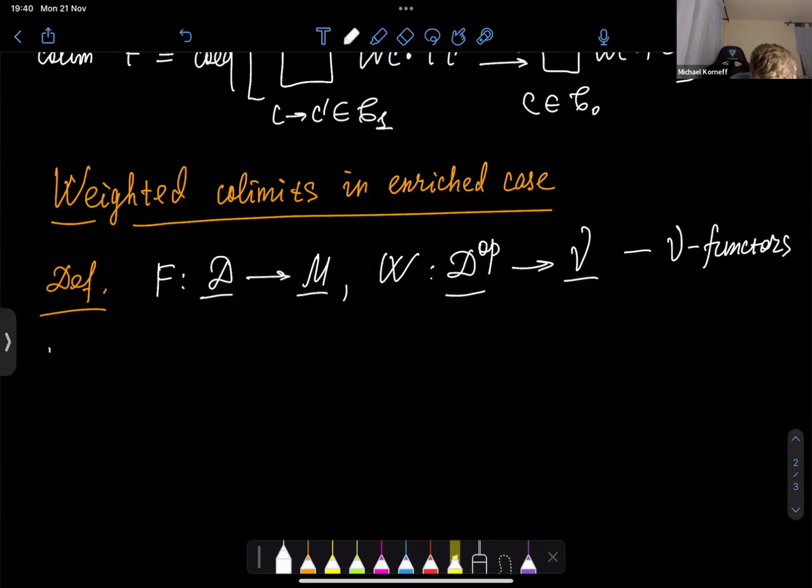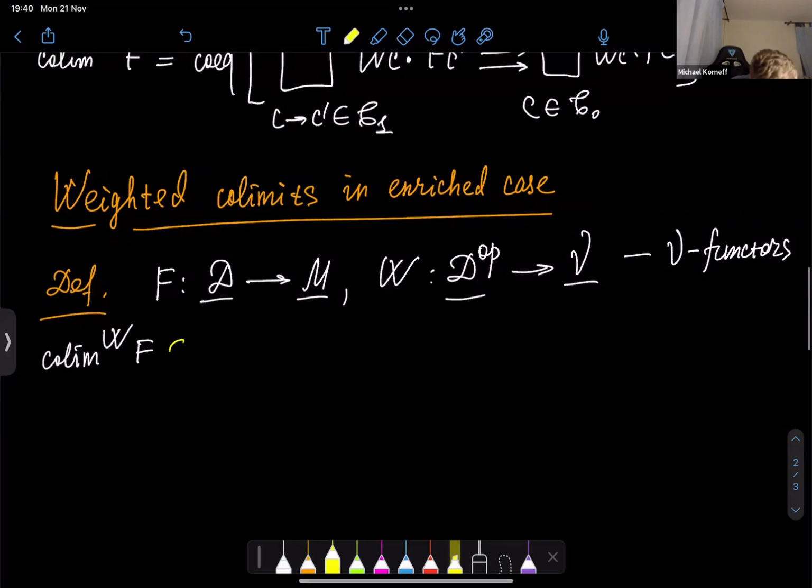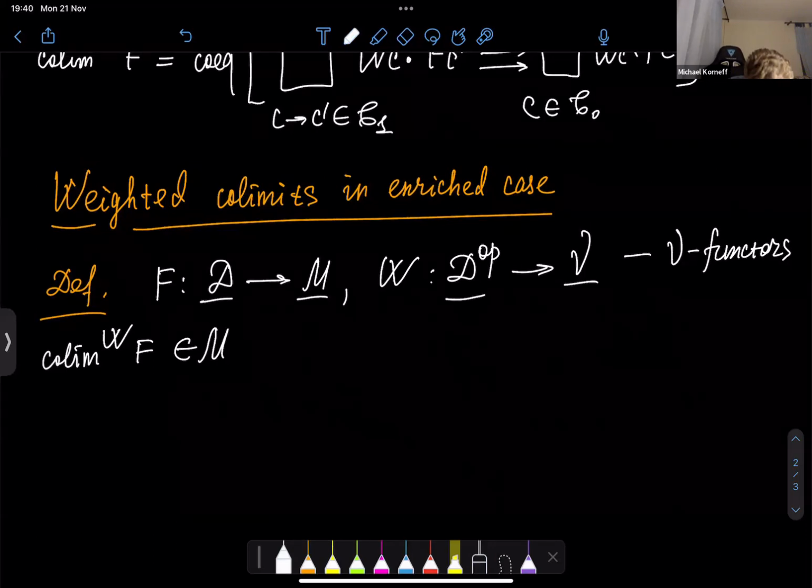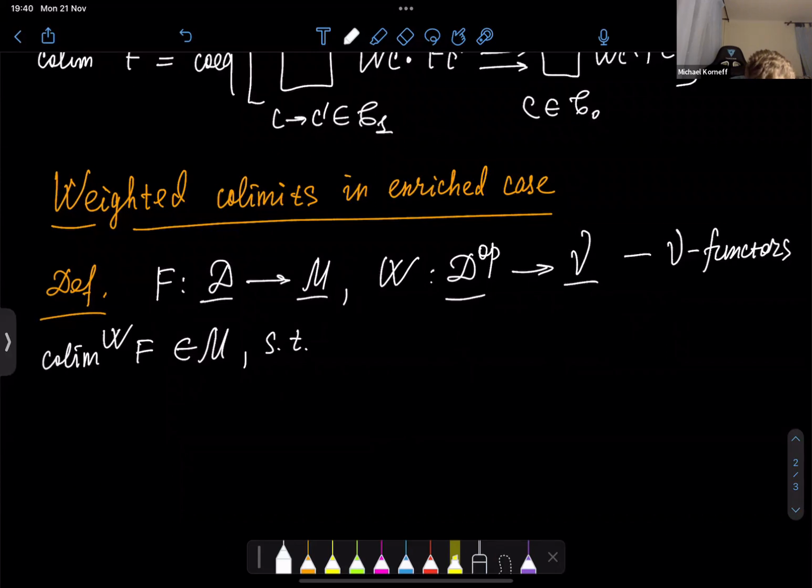Then the weighted colimit is an object of category M such that we have the following isomorphism.